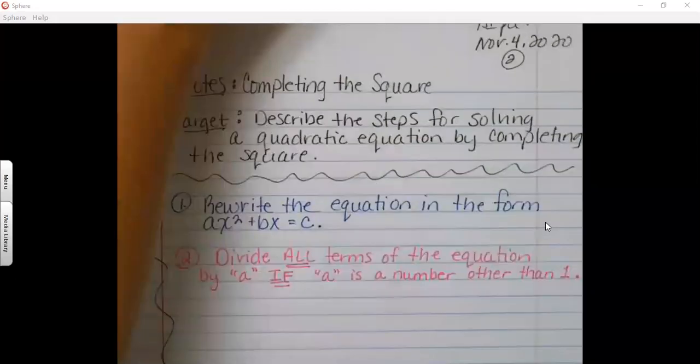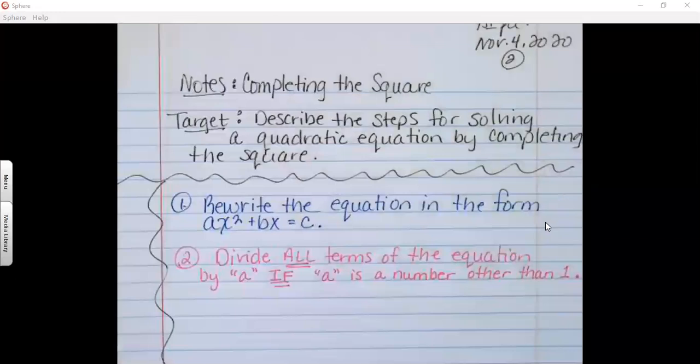If a is 1, then you don't do that part. When you divide by 1, it doesn't change anything, right?